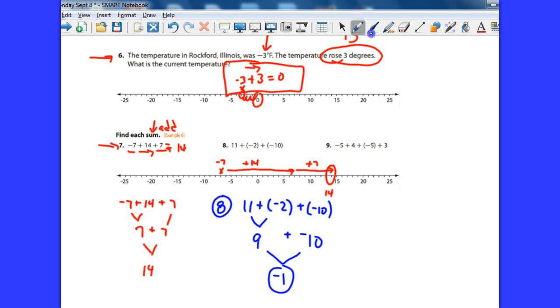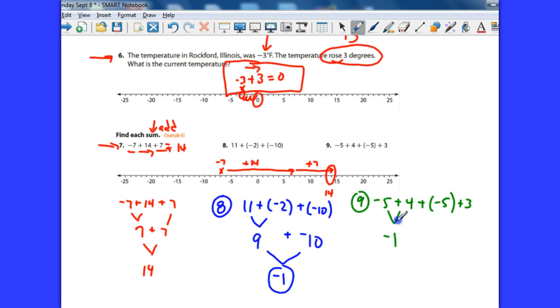And then the last question, let's wrap that up. Let me find a new color here just to keep them separate for you. Number 9, -5 plus 4 plus, again, please write that down. Pause the video if you need to catch up. And start adding. -5 plus 4, different signs. Subtract. 5 minus 4 is 1.